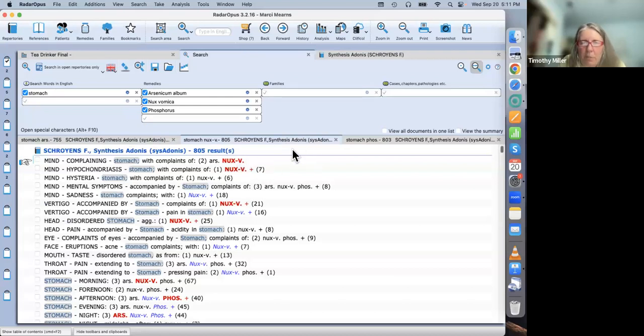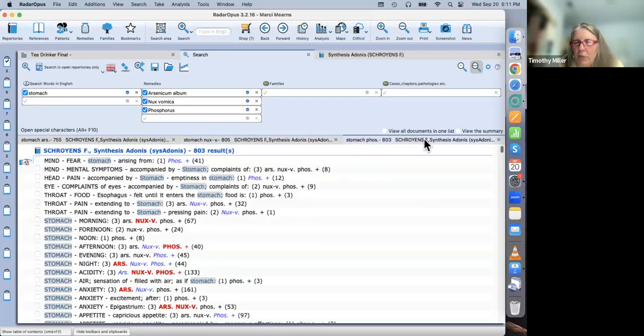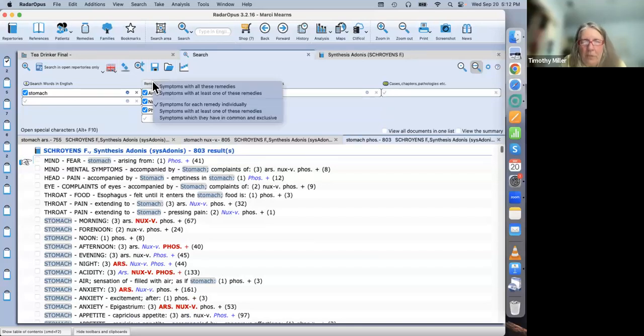Now, some of these symptoms are also shared with arsenicum. Some are also shared with all 3, but they're giving us nux by itself. And they're also going to give us a phosphorus tab. Okay, so that's cut 2 of how we could do our search, is show them each with their individual symptoms. The one that I like to use is this one down here at the bottom that says symptoms which they have common and exclusive.